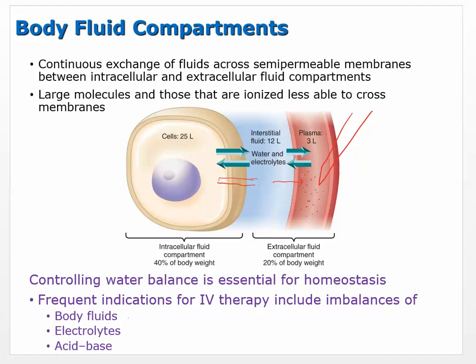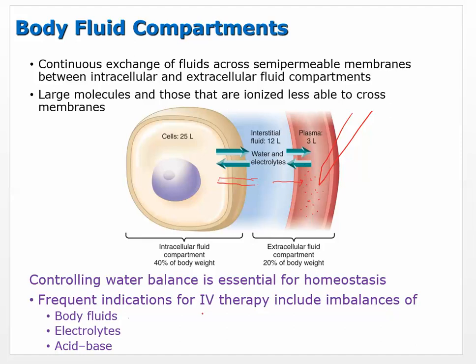Now ions can move because there are channels and there are pumps and stuff that put them where they're needed, but they have to go through those channels. They're not able to move as freely as water is. So that's kind of why we want to match the osmolality, or tonicity.